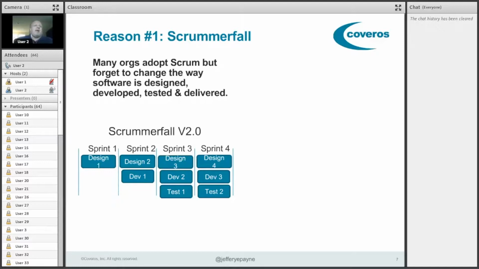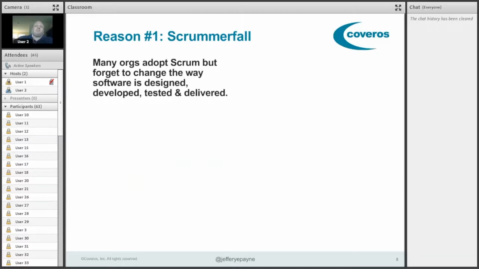And oh, by the way, when we find problems during testing in sprint 3 for the stuff we designed in sprint 1, and we have to get bugs fixed or the design modified or something else happens, those people are busy doing other things now that they have committed to in sprint 3, and now we have to go back to our earlier sprints. It doesn't work very well to use Scrum Fall version 2.0 in Agile. It's not Agile.